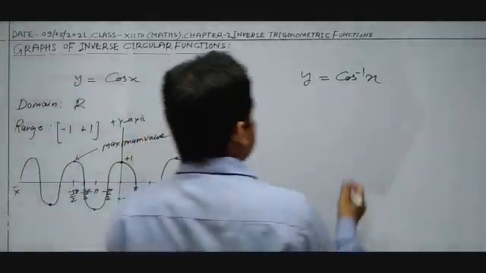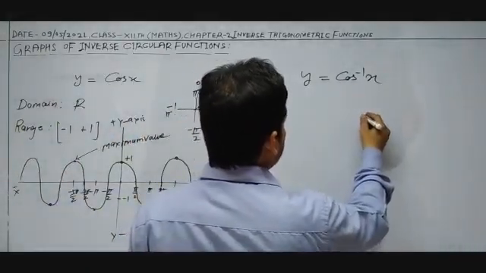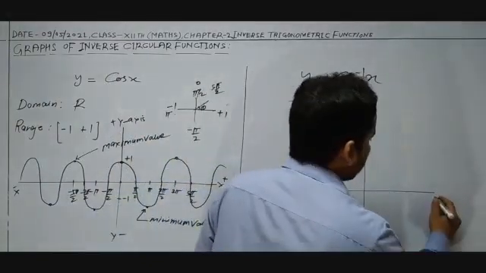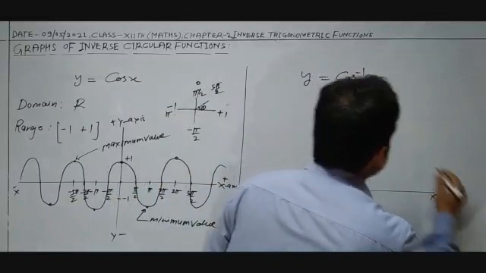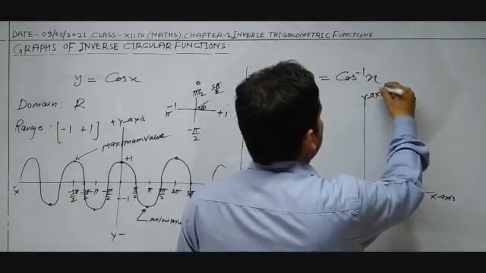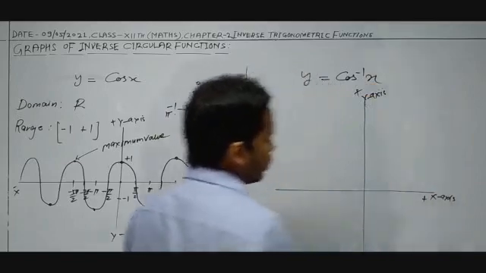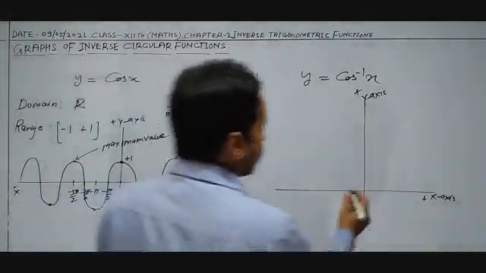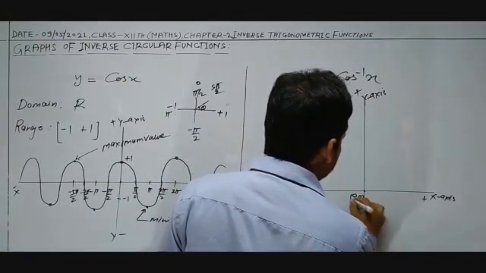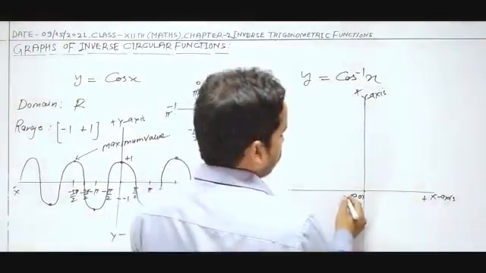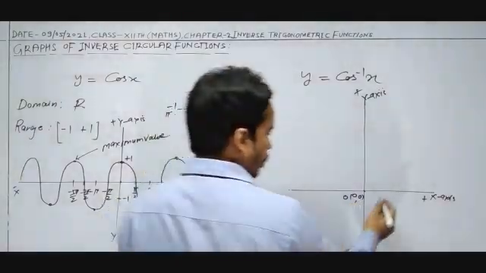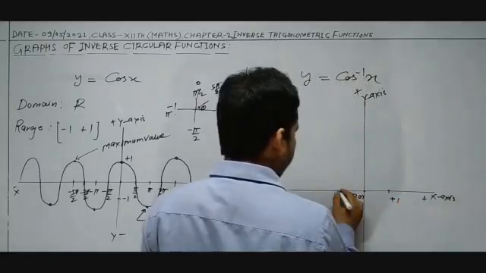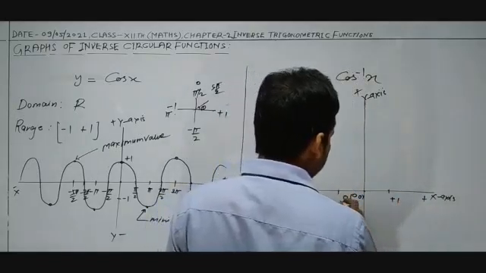Now come to the graph y is equal to cos inverse x. X axis, y axis, positive y axis, positive x axis. So this is the point 0, 0. At x is equal to plus 1, this is the result, this is minus 1.